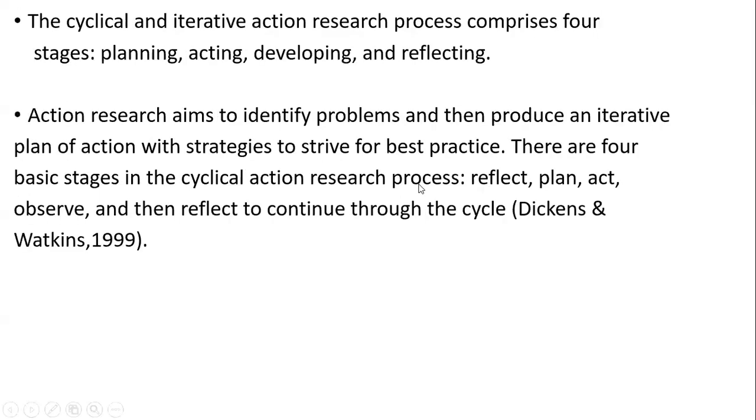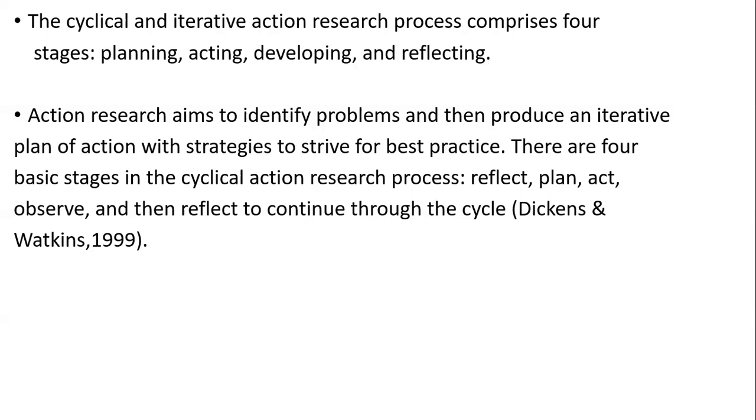Right. So it is a cyclic process starting with planning, acting, developing, and reflecting, or planning, implementing, observation, and reflecting, whatever it is. Action research aims to identify problems and then produce an iterative plan of action. That means we identify a problem, then we produce some changeable actions that improve things.